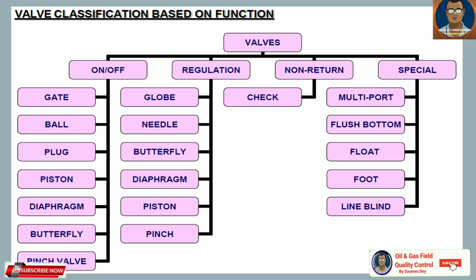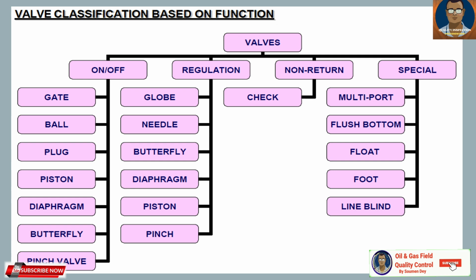Here are some classifications of valves based on their functions. On-off kind of valves, which may also be termed full isolation valves, can be gate valve, ball valve, plug, piston, diaphragm, butterfly, or pinch valve, based on their way of closure or the seat configuration.